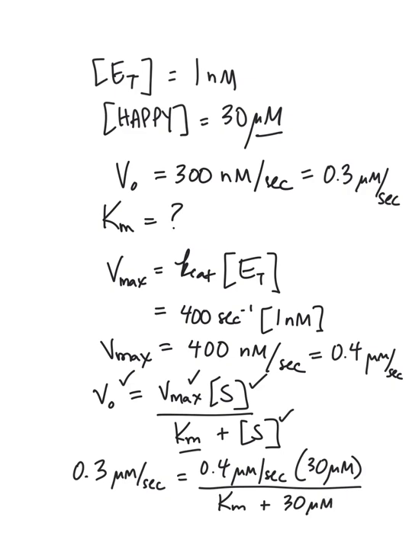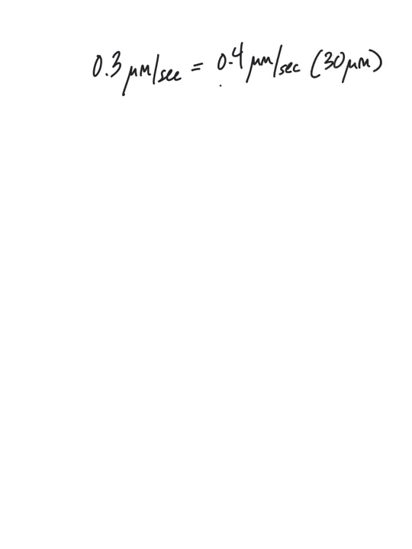To make this easier to follow, I'm going to rewrite this at the top of the page so that we can do all the algebra. Starting from the top, we had 0.3 micromole per second equals 0.4 micromole per second times 30 micromolar over Km plus 30 micromolar.